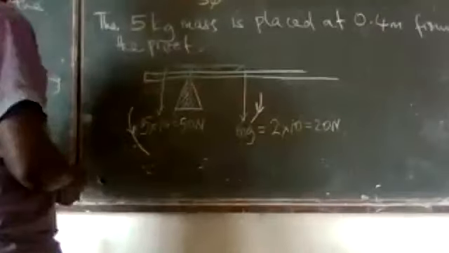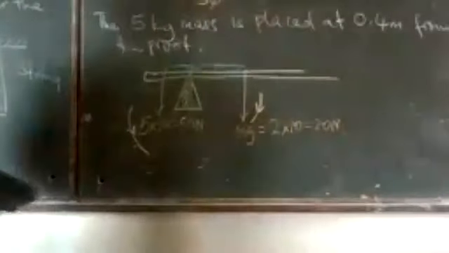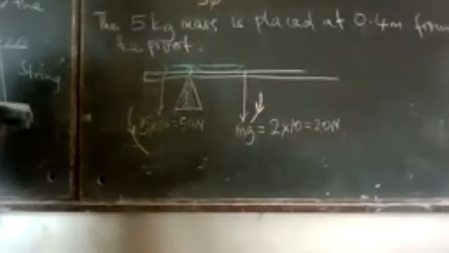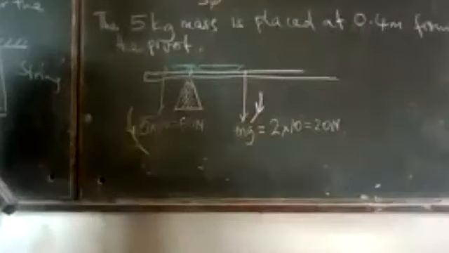Somebody could answer it like that. Another person could have another version. It could also be placed 0.60 meters from which point? The 0 point. Okay, so 0 point. All these answers are all acceptable.